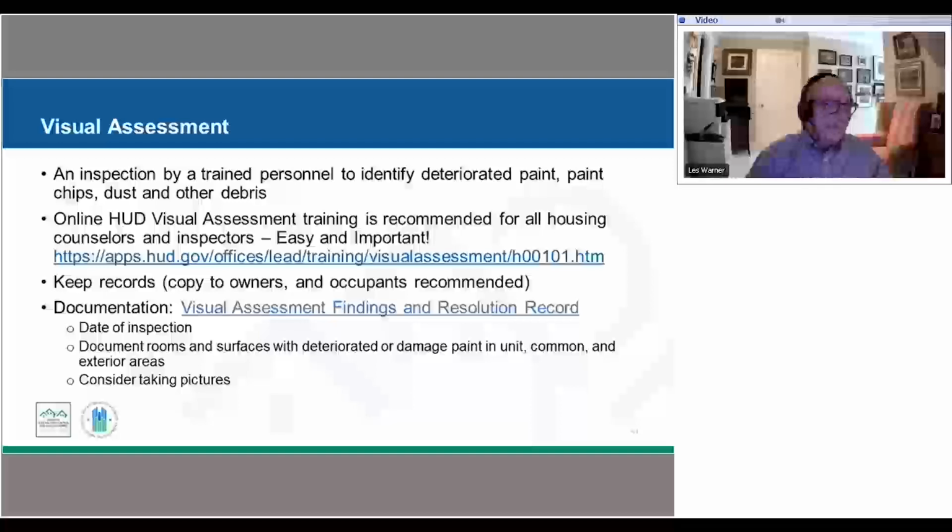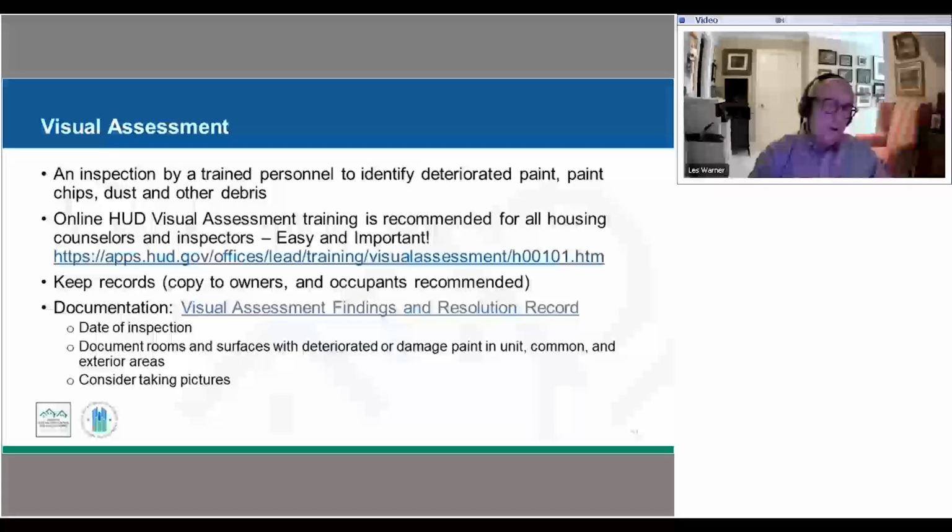This is something that is not difficult and is very available, so in a lot of cases we'll see property managers and public housing agencies have their own staff get that certification so that they're able to complete the visual assessment. Of course, we're going to want to keep records of that.